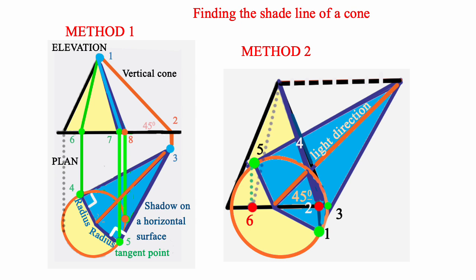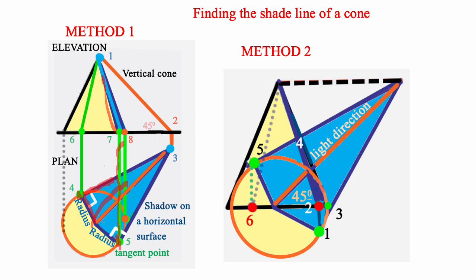Here are the two ways of finding the shade line on a cone. So in the first one, we found the light direction. We found the radius that's perpendicular to the sides of the cone, and that gives us point 4 on the circle and point 5 on the circle, and we follow those up to find the shade line on the cone.